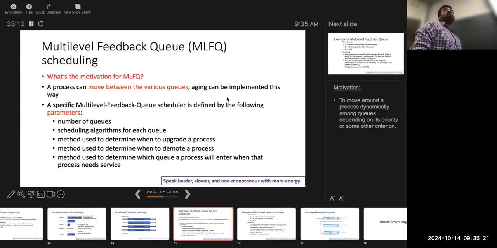Maybe you can define a different criteria. Maybe you can select a different queue depending upon the priority or depending upon maybe the burst time it needs and so on. Depending on any criteria you define, you decide where the newly arriving process will go: first queue, second queue, third queue, and then how it will move among the queues. Okay.